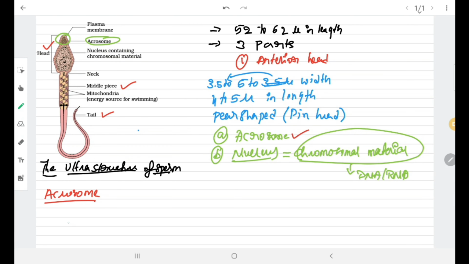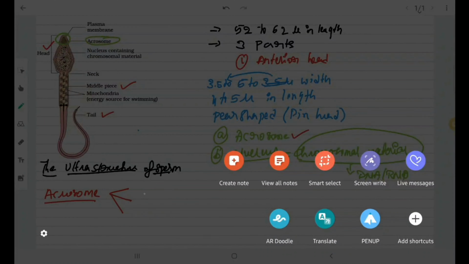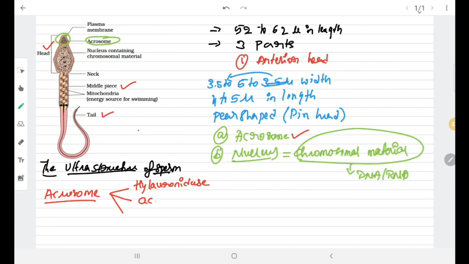So this layer is made up of, very importantly, three different enzymes, and those enzymes are known as hyaluronidase, acrosin, and neuraminidase.